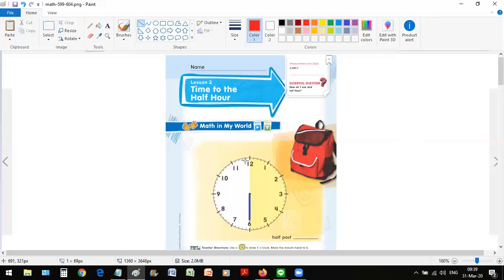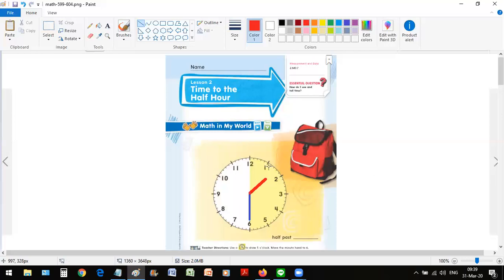So if the minute hand completes half an hour or half a circle around the clock, that means the hour hand will be halfway between two numbers. Let's say like this, okay?